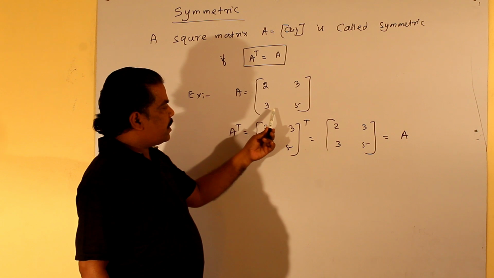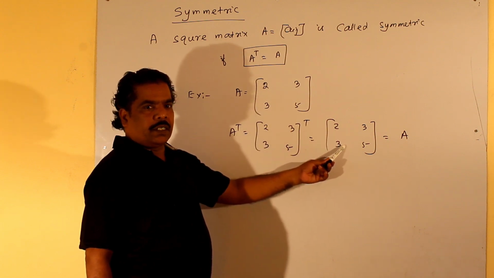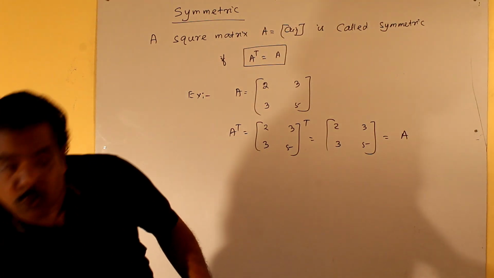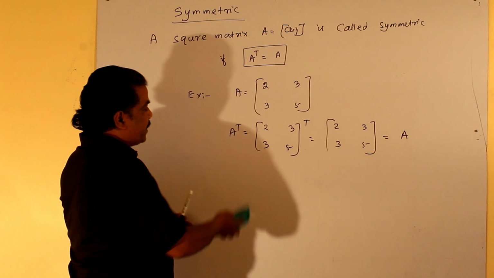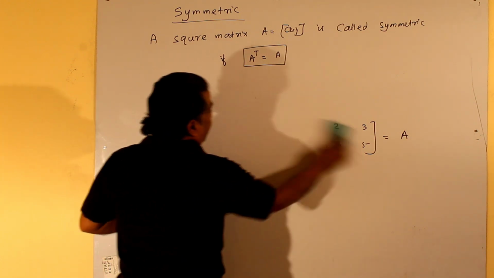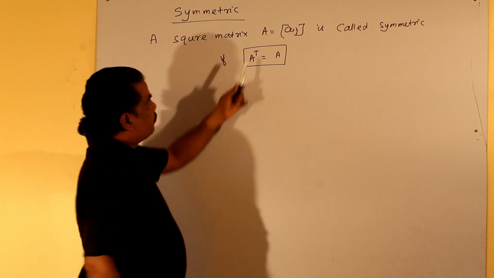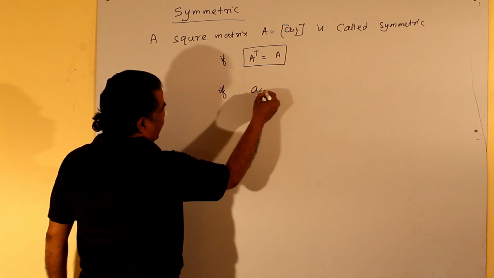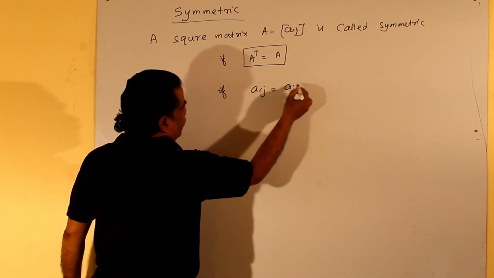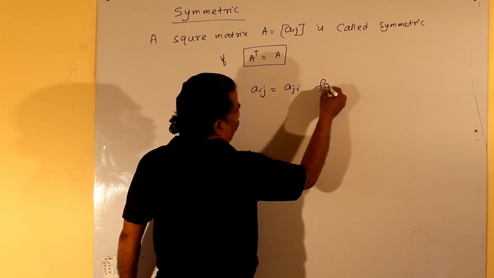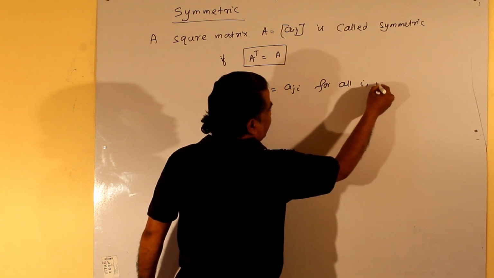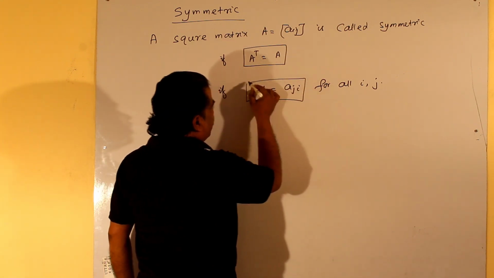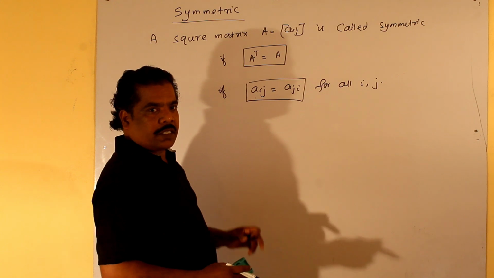So a square matrix is a symmetric matrix if A transpose is equal to A. Otherwise, we can also define it this way: for all i, j, if aij is equal to aji, then we say the square matrix is a symmetric matrix.